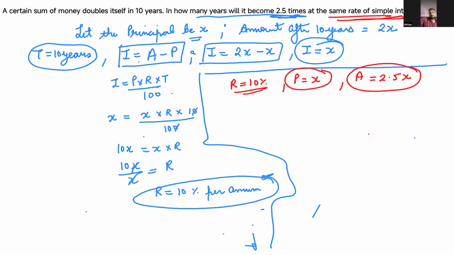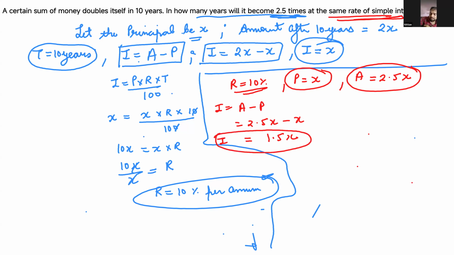Guys, did you understand? So the interest will become amount minus principal. Amount is 2.5x minus principal x, so it will become 1.5x. The interest will become how much?